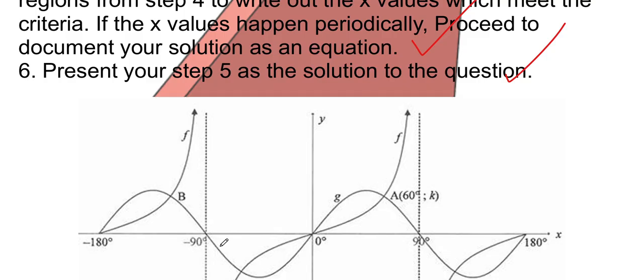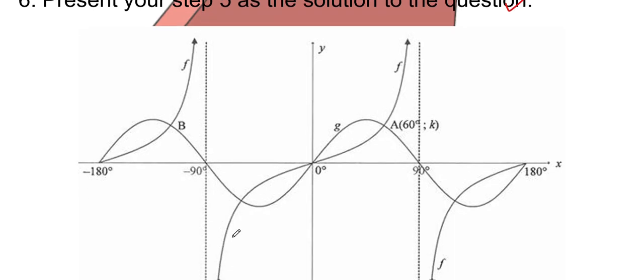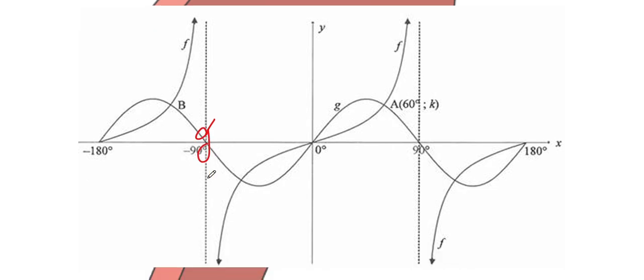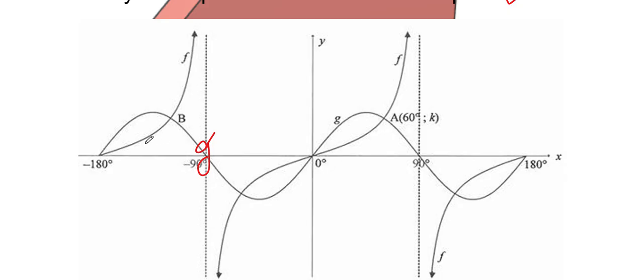Let's say the question was saying, please tell us where, let's call this sinusoidal graph G. They are asking you where G is above 0 and G is above F. They want you to tell them where G is above 0, so it's above 0 and it's above F at the same time.